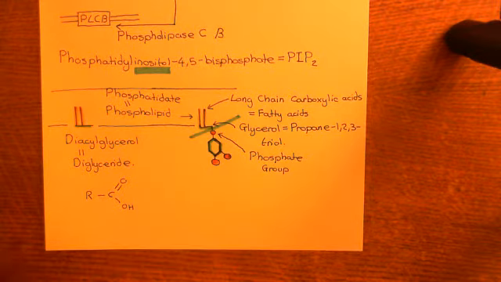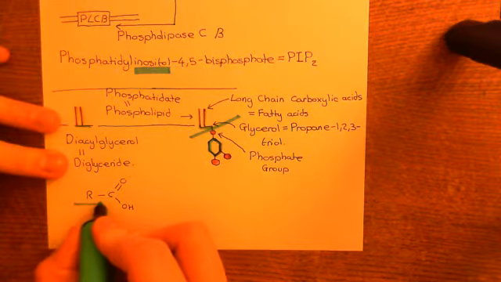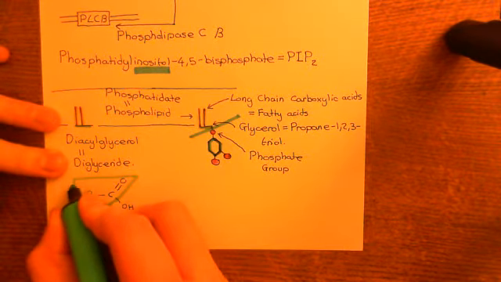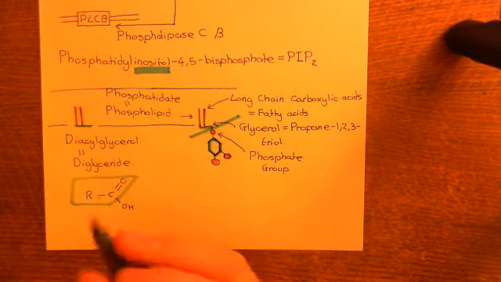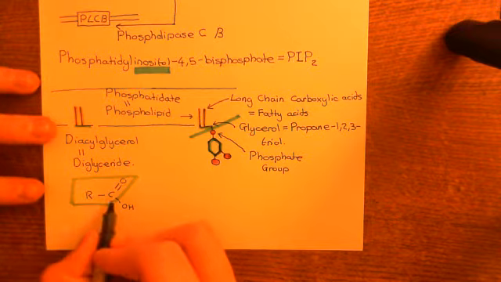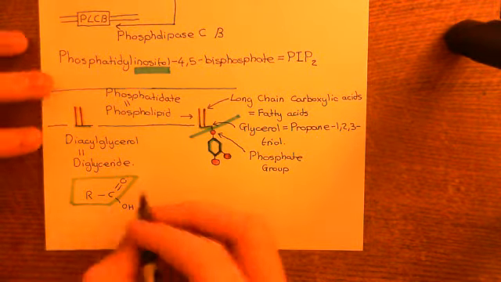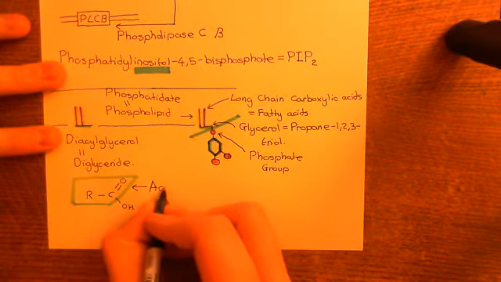And when you do that, you will take off this alcohol group that is on the carboxylic acid group. So effectively, what you are going to actually add on to the glycerol molecule is not the full carboxylic acid molecule, but instead is this structure here, this carbon with an oxygen double bound to it, and then an R group here. And this sort of structure is known as an acyl group.